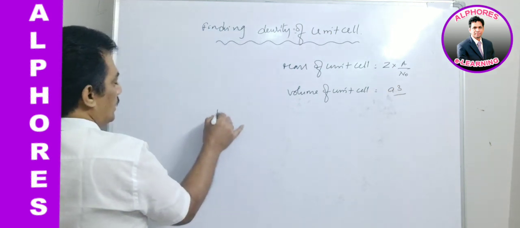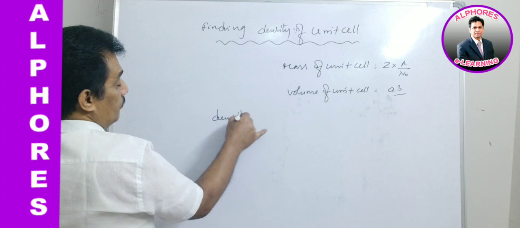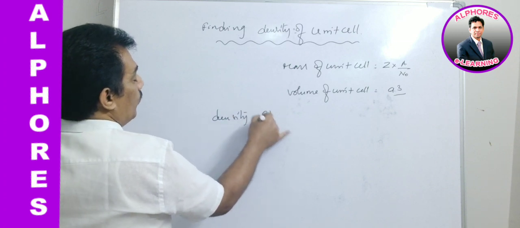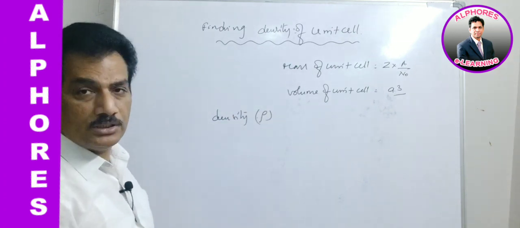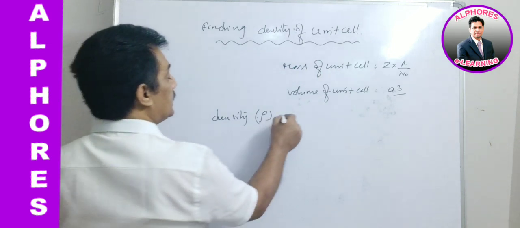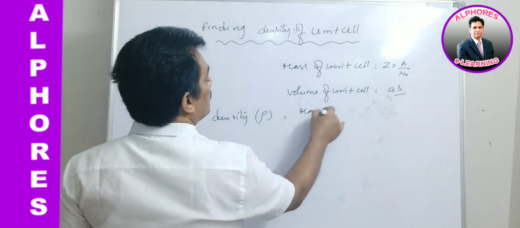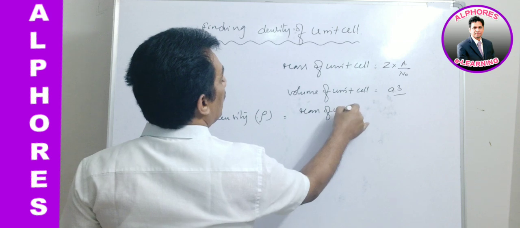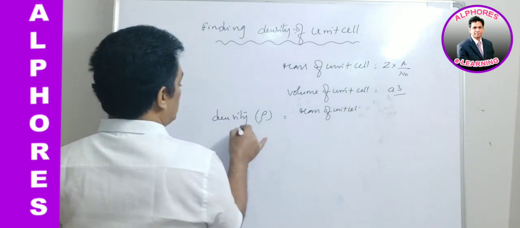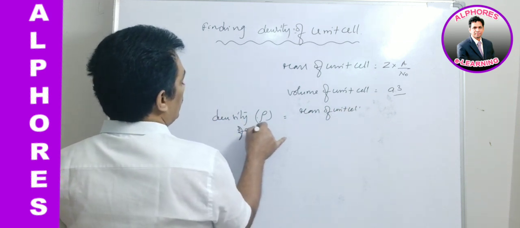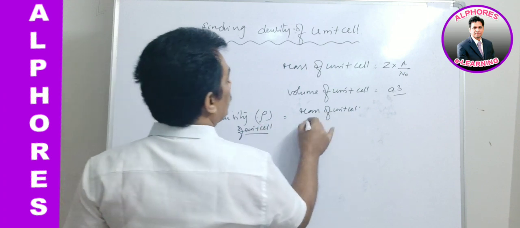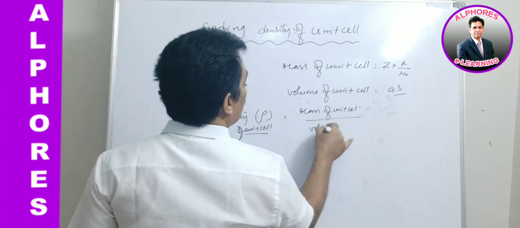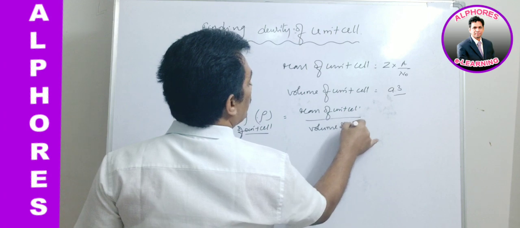And now we know the density formula. Density rho, here for crystals it is represented with the letter rho, is nothing but mass of unit cell by volume of unit cell.